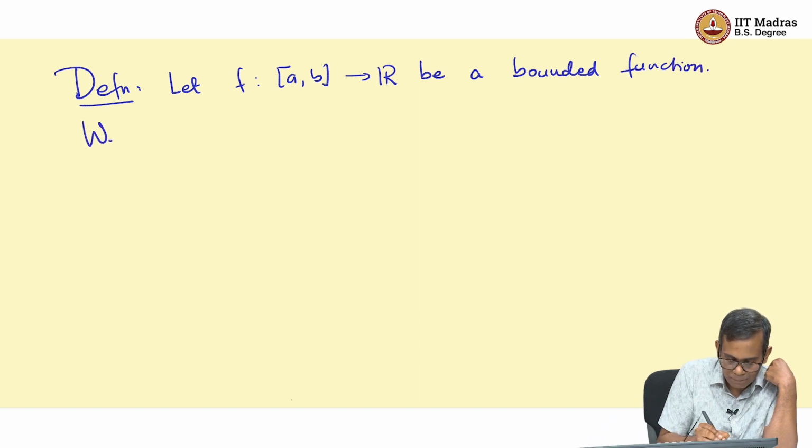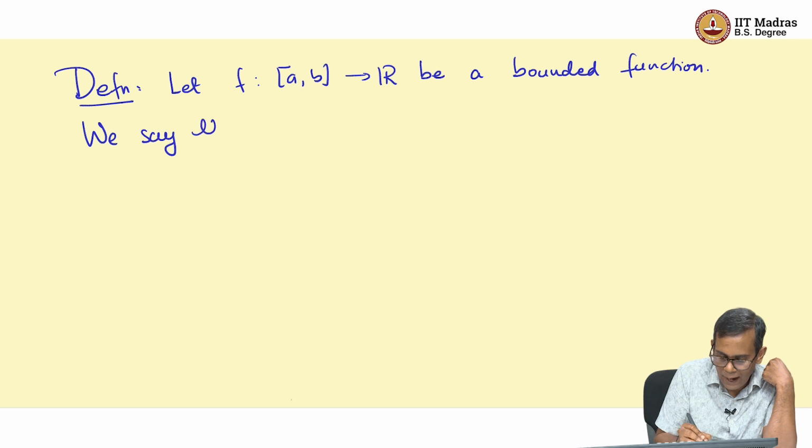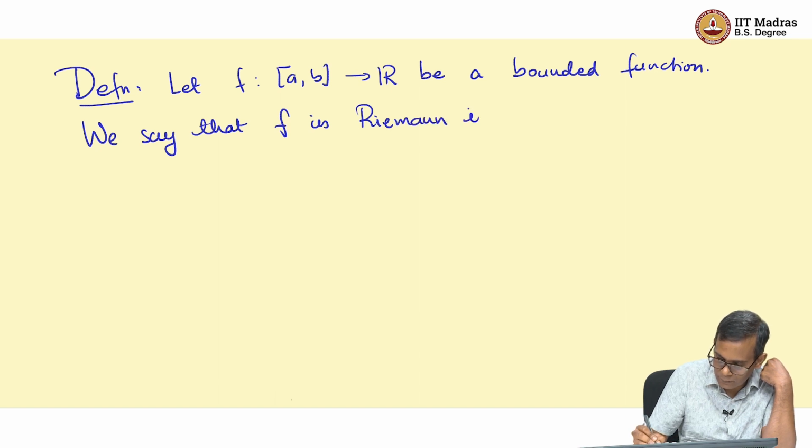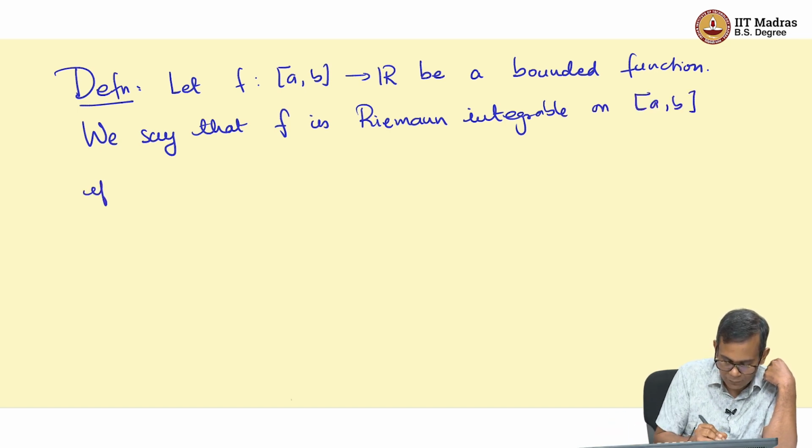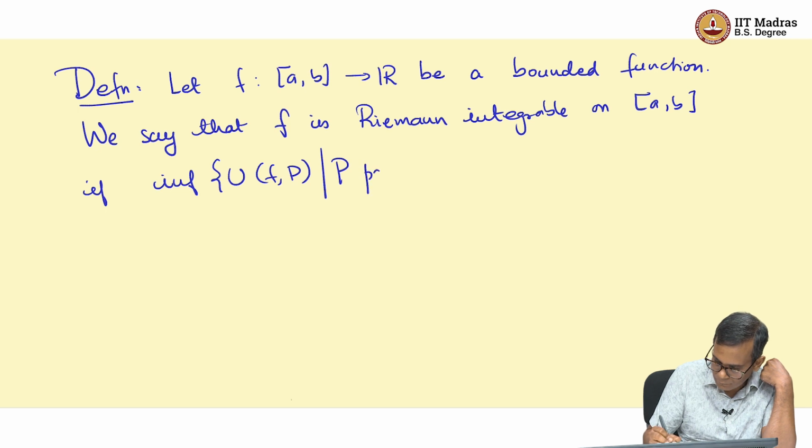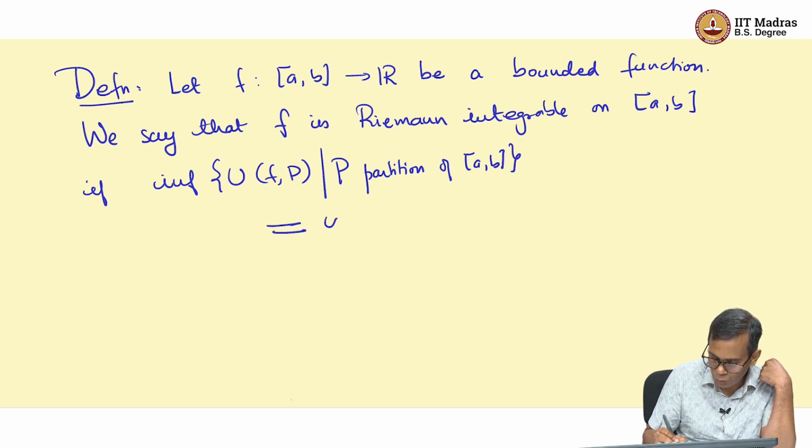We say that f is Riemann integrable on the closed interval [a,b] if the infimum of upper sums is equal to the supremum of lower sums.